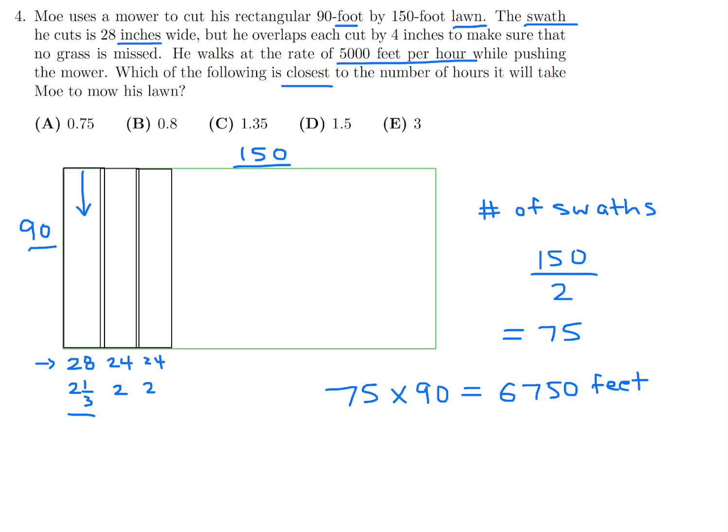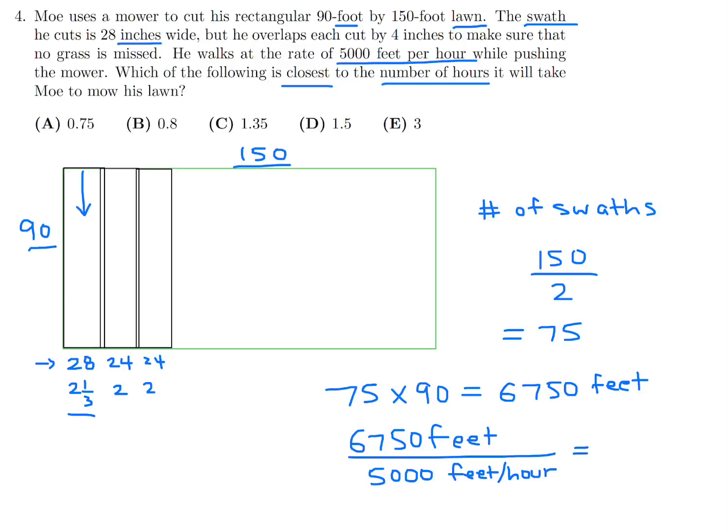So to figure out the number of hours, you would take the total number of feet and divide by 5,000 feet per hour, like that. And that looks like 1.35 hours. And that would be, for number 4, choice C.